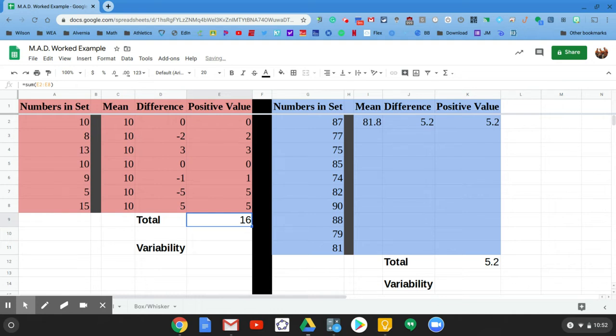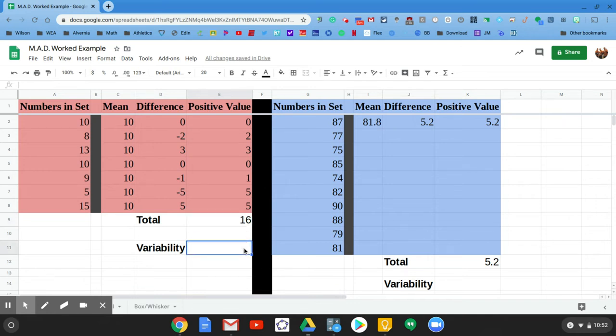So all we're doing here for mean absolute deviation is calculating how far each number is from the actual mean. Okay. And as you notice down here, I actually have a formula that is totaling these up, because once we have all those distances from the mean, we are going to add them all up. Okay, so when I add the 0, 2, 3, 0, 1, 5, 5, and 5, or excuse me, 1 and 2 5s here, I get a total of 16.